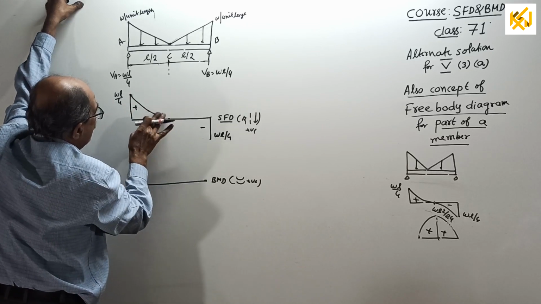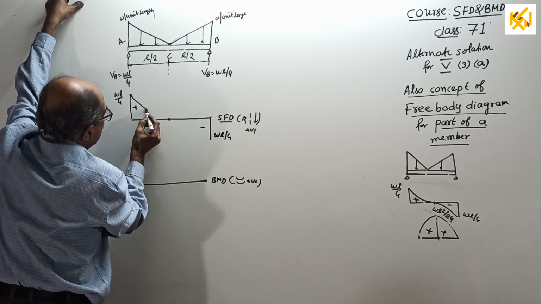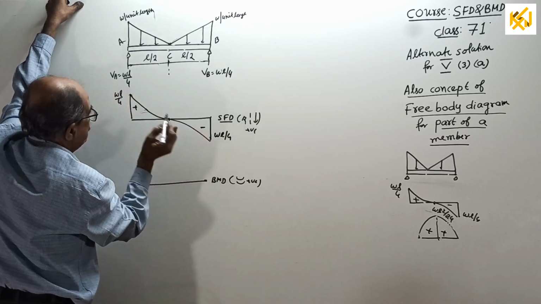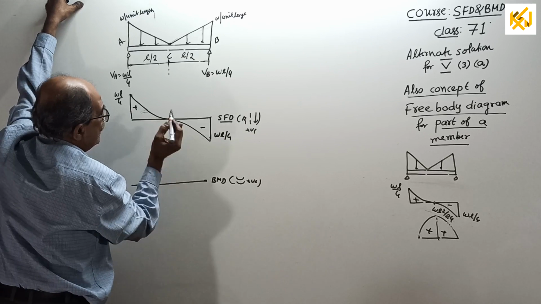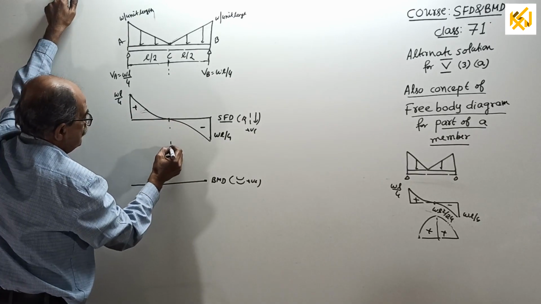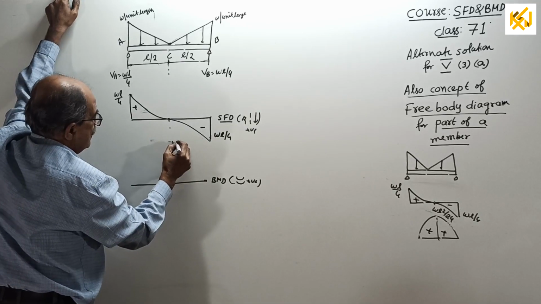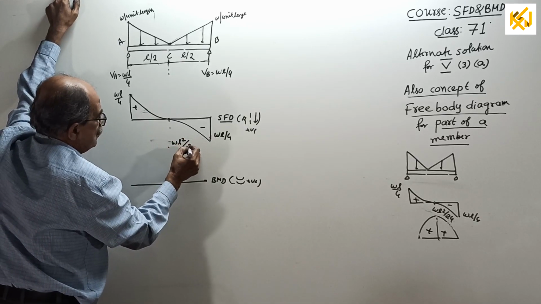When you finally come here, it should have 0 slope and then again turn and become this way. The tangent here will have 0 slope. BM here you already got WL square by 24.